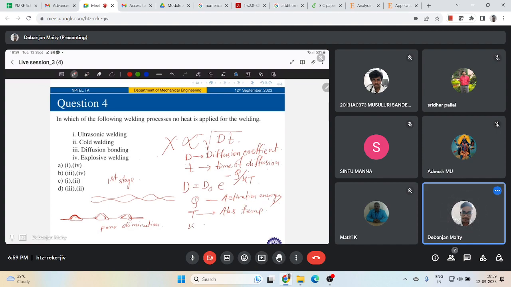What is k? Boltzmann constant. Correct. D naught is the diffusion constant. This is my diffusion coefficient. You can find out the diffusion coefficient at a specific temperature, depending on your temperature.